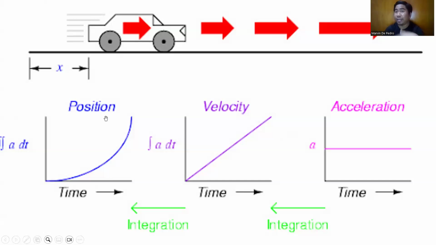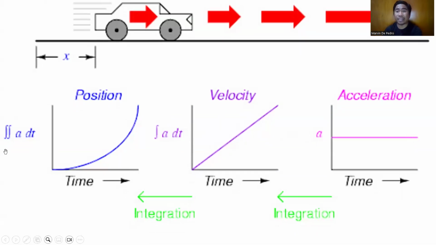Position is normally in a quadratic form, and if we take its derivative, we get the velocity. So if the position is the double integral of your acceleration, the velocity is a single integral only because the other integral sign has been cancelled out when you took the derivative.